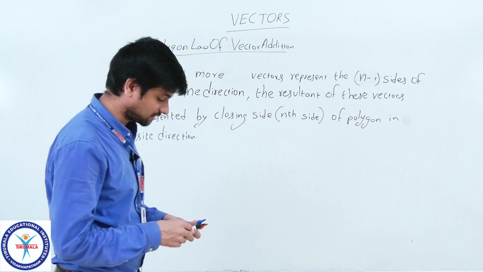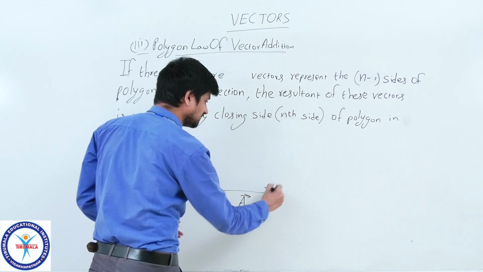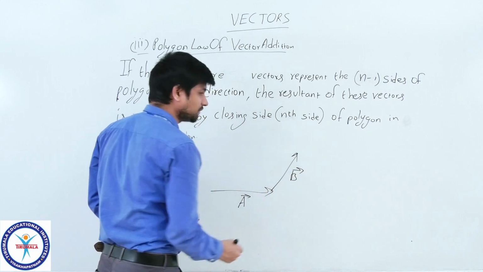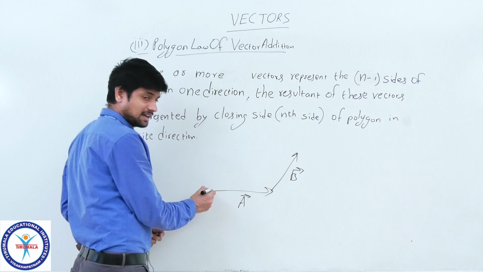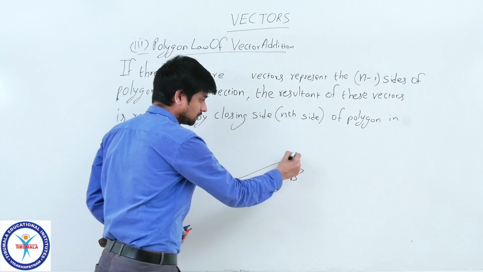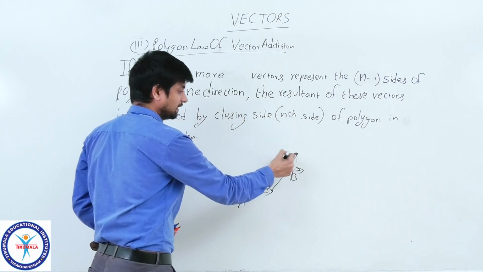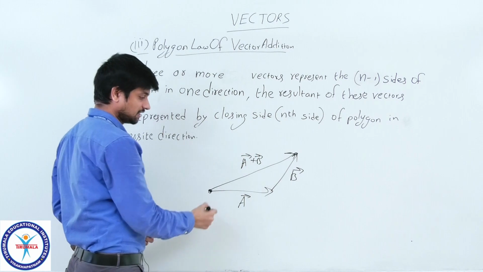So, simply in the triangular law also, if this is the vector A, if this is the vector B, in which way do you take its resultant A plus B? From the tail of first vector to head of the second vector you will join, and you will say this is the resultant. What did you do children here?